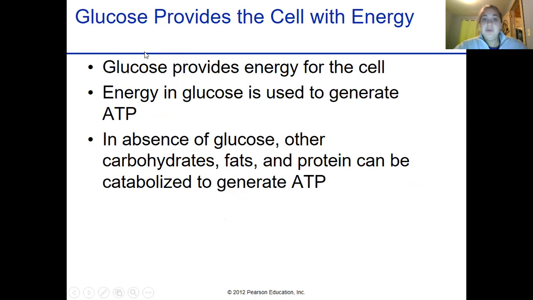All right, glucose provides the cell with energy and generates ATP. In the absence of glucose, there are other carbohydrates, fats, and proteins that can be catabolized, so broken down, so that we can generate more energy.